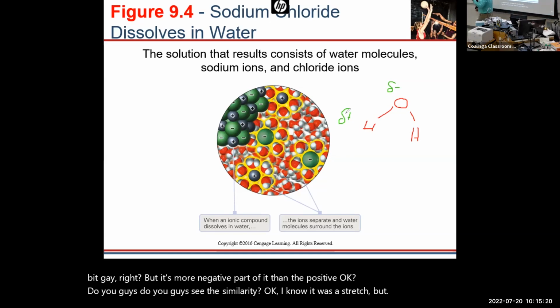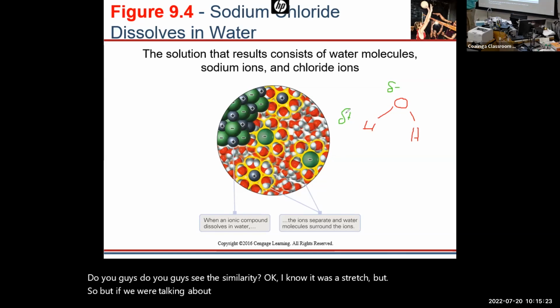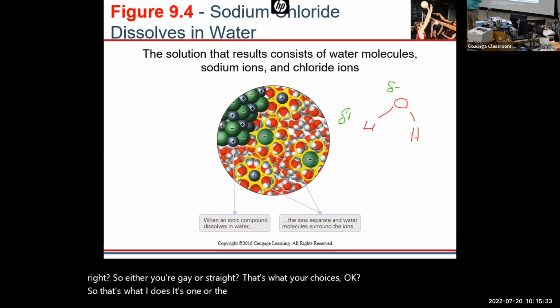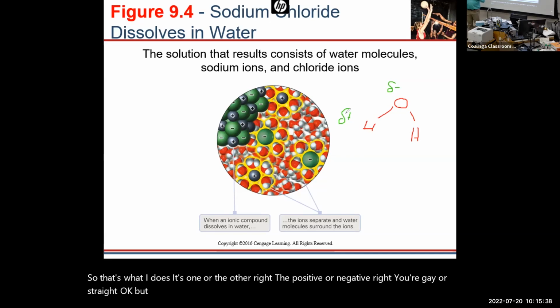But if we were talking about being ionic, either you're gay or you're straight, right? That's what your choice is, okay? So it's one or the other. You're positive or you're negative. But if you're talking about that partial, you could be somewhere in the middle, but you're not committing to either way.